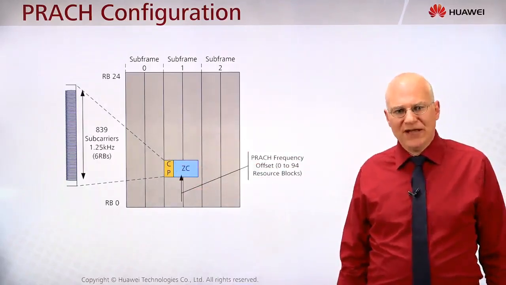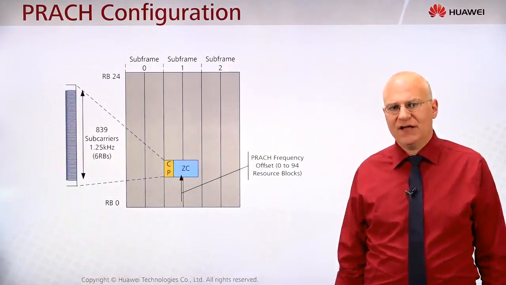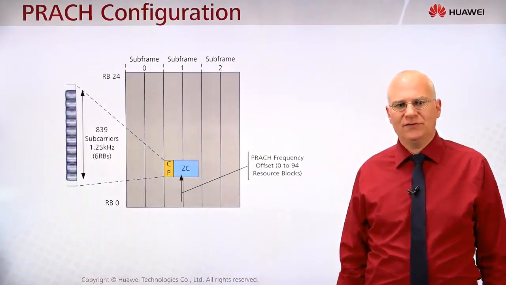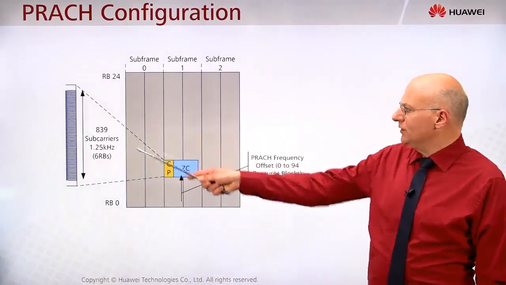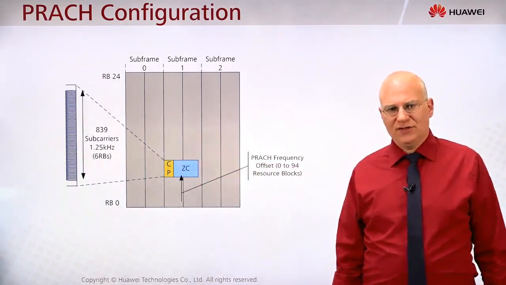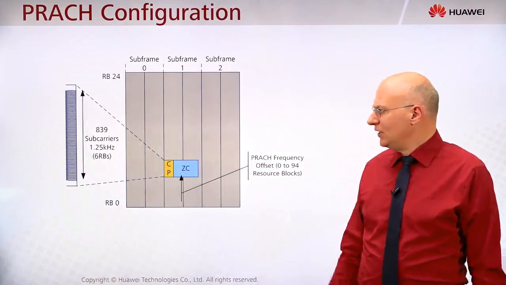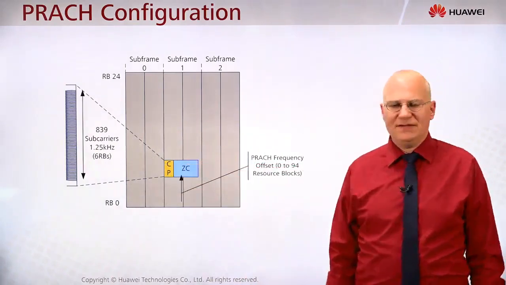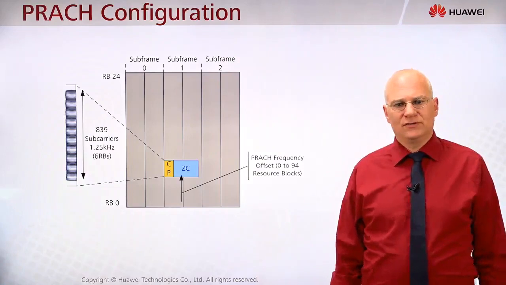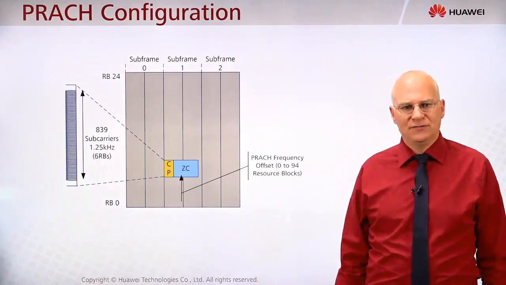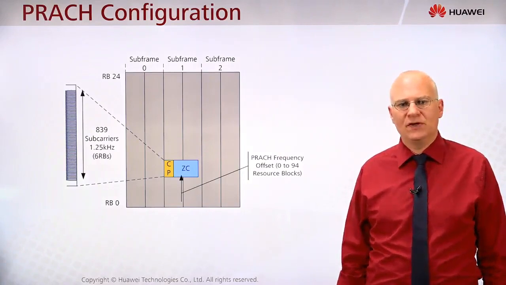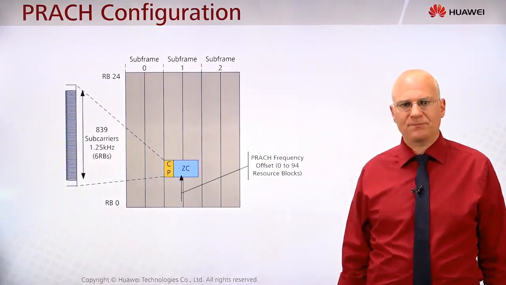Every cell has 64 different preambles, which are sent on 839 subcarriers with a subcarrier spacing of 1.25 kilohertz, which is much lower than the frequency spacing we use for the normal transmission.